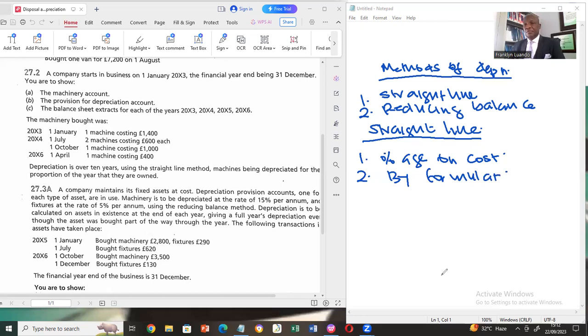So we have two ways of calculating depreciation when using the straight line method: percentage on cost, if that is what is stated in the question, or by formula.